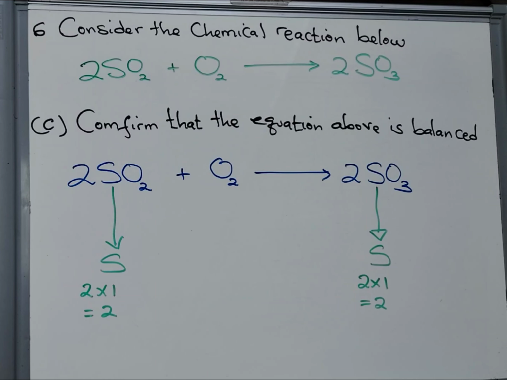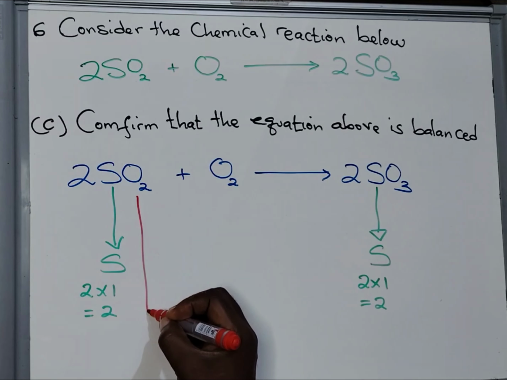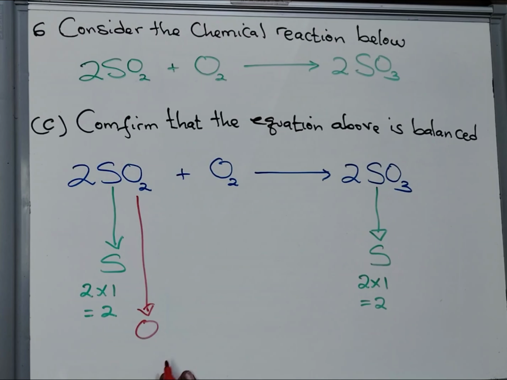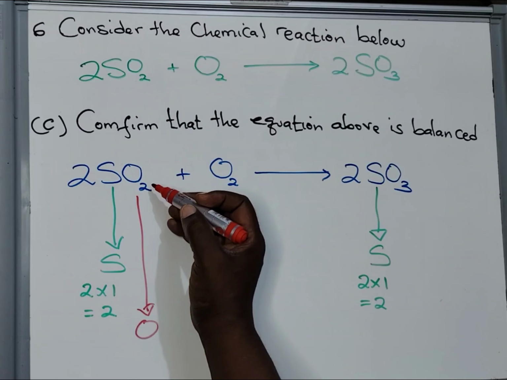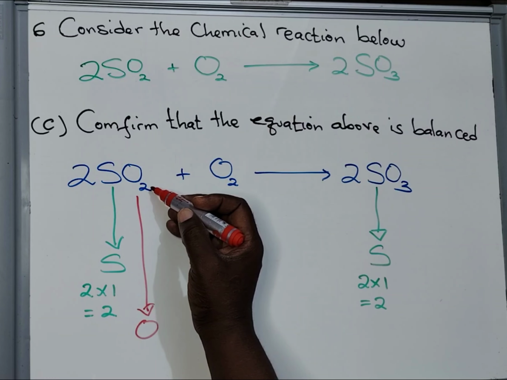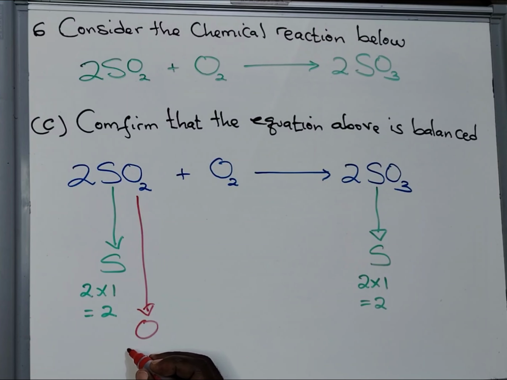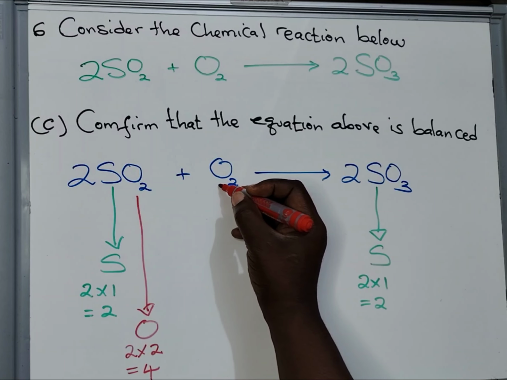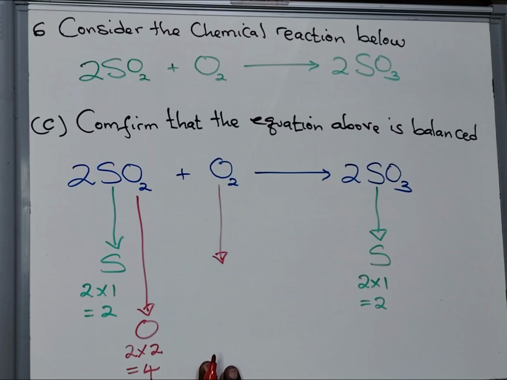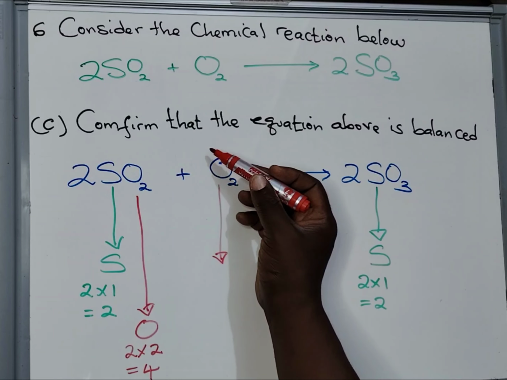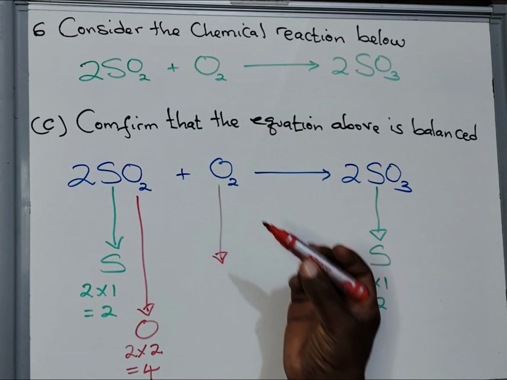Then we go to oxygen. What do we have for oxygen? Oxygen is our O, and we have our subscript, it is 2. But the coefficient is 2. So we are going to have 2 times 2, giving you 4. Then we go to this oxygen, this side, still on the reactant side. If you don't see a number here, then it means that the coefficient is 1.